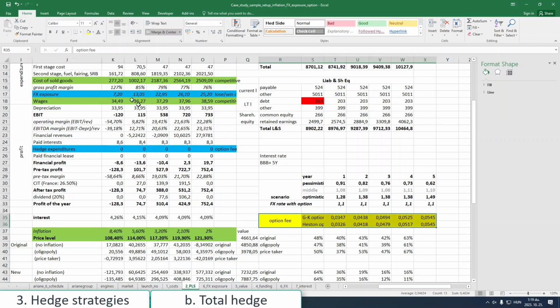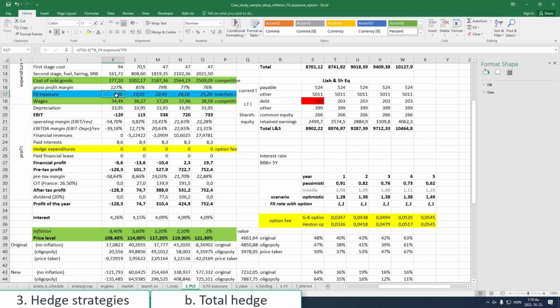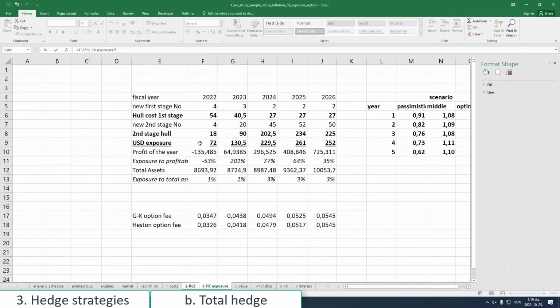Let's add a nice yellow color, because in this case we can see that this is what we are looking for. So now we know what the option fee is. First of all, we will use the Garman-Kohlhagen option. So this is the value for each euro, for each US dollar, and there is the exposure.